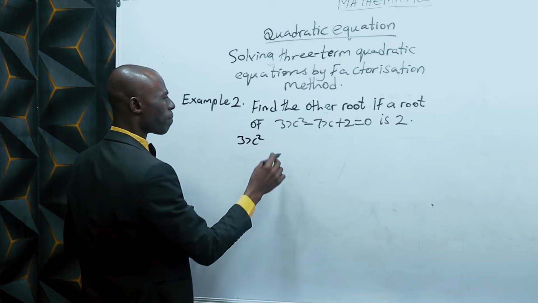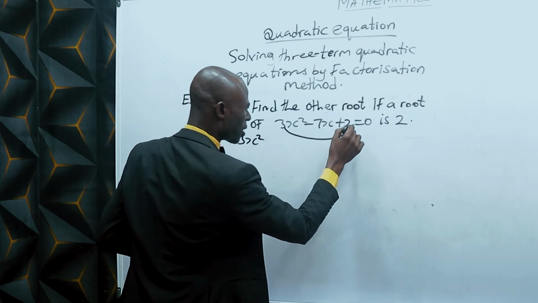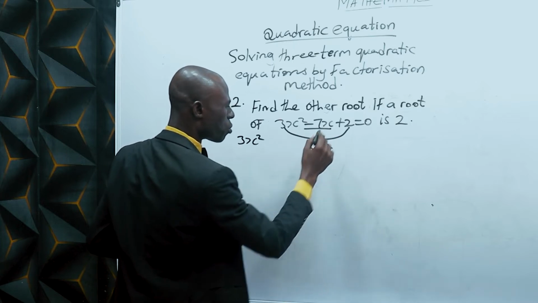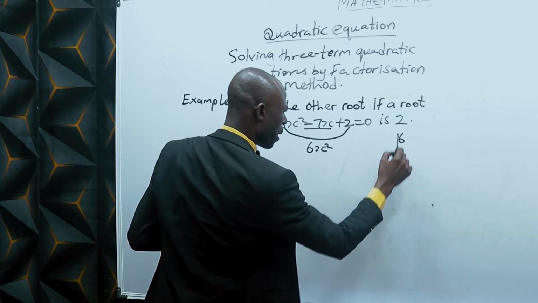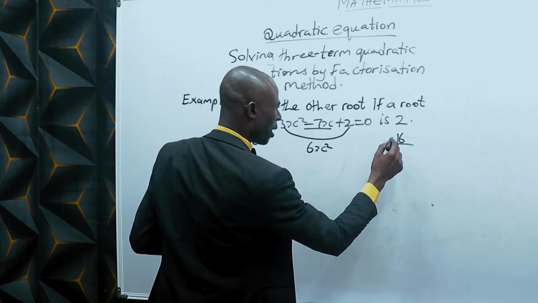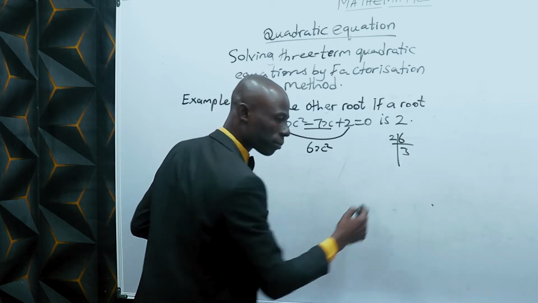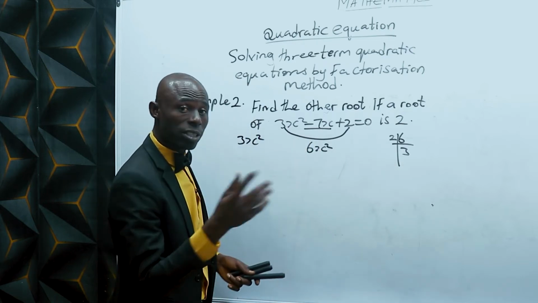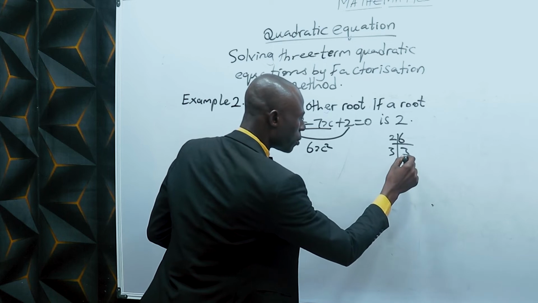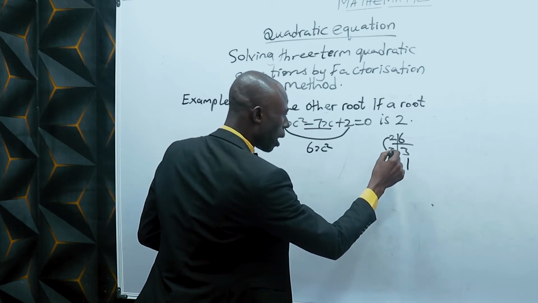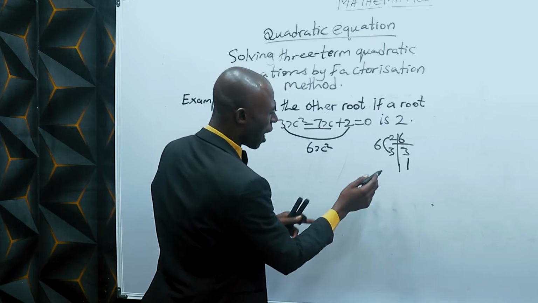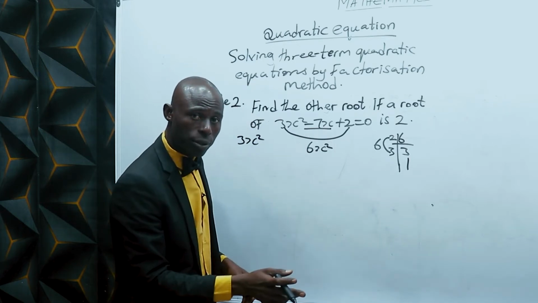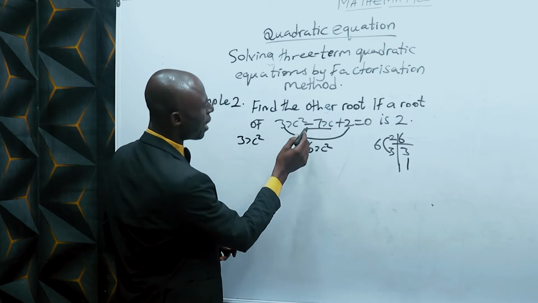Normally, 3x squared. You multiply the first term and the last term together, you have 6x squared. And underline your middle term. Target the 6 here, which is the coefficient of your x squared. Analyze it. 2 and 3 give you 6. Can you manipulate 2 and 3 to get 7? No. Not by addition, not by subtraction. 6 and 1 give 6. So can you manipulate 6 and 1 to get 7? Yes. Not only to get 7, to get minus 7.